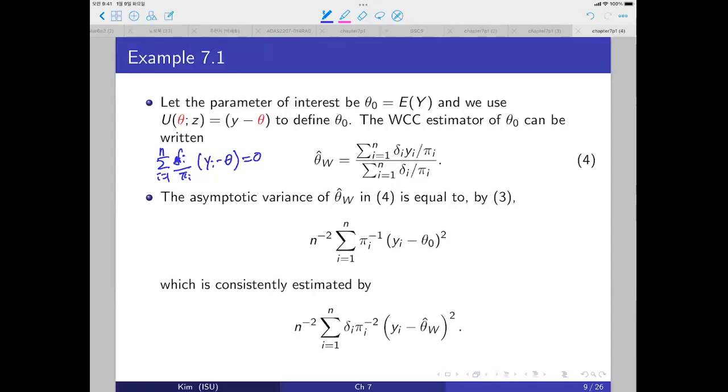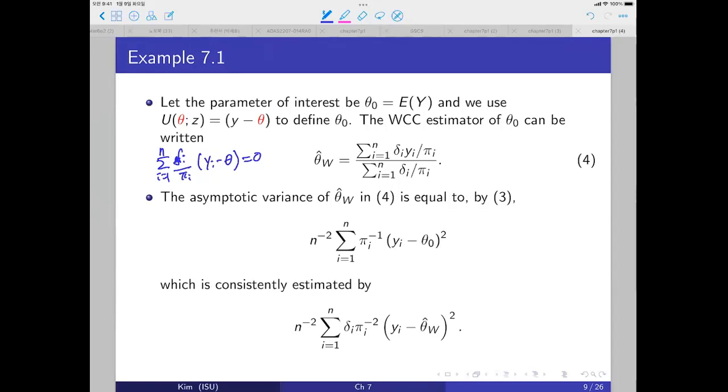So then when you compute the variance, basically this is a ratio type estimator. You have randomness in both numerator and denominator. So it usually requires a Taylor expansion, but this sandwich formula already takes care of that linearization in some sense.